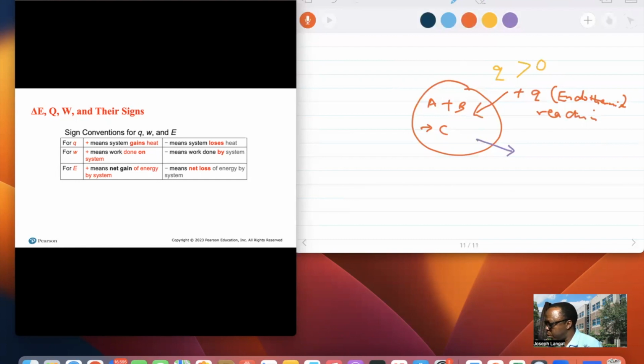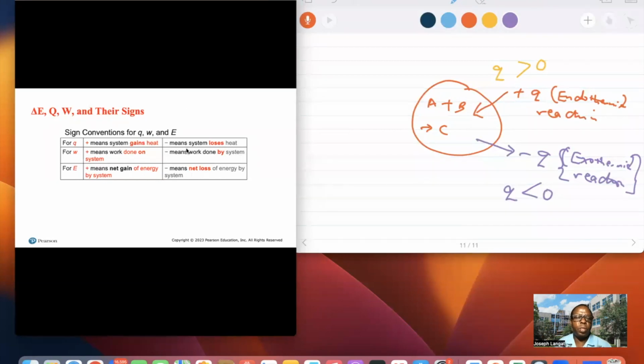Q negative is an exothermic reaction. Anything less than 0 is negative.